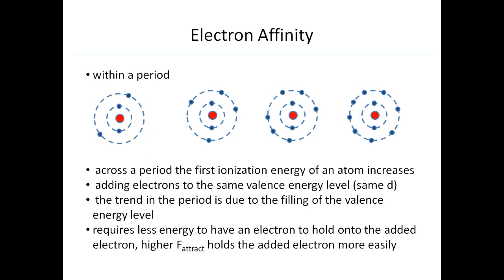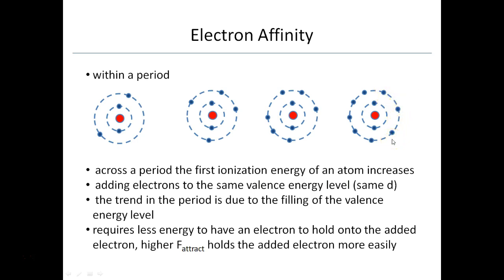Within a period, again, it's due to our differences in our E and C value. This atom here, since its valence energy level is not full and it has a low force of attraction, it may cost me energy to give it an electron. Whereas this element over here, where the addition of a valence electron would fill its valence energy level, it would probably give off energy.